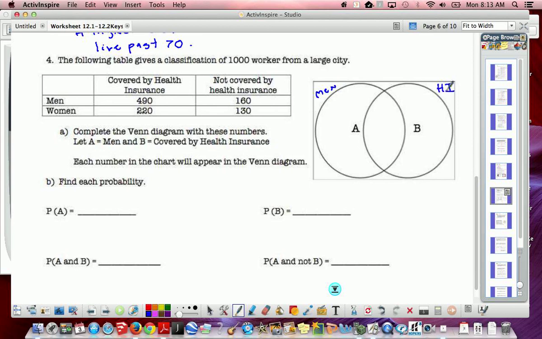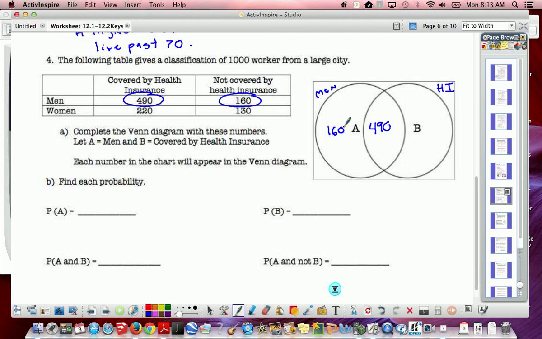So here we start with men who have health insurance. So that's the intersection. They have to be men, they have to have health insurance, so 490 goes in the middle. So men that do not have health insurance, so we're talking still the men, but they don't have health insurance, that would go outside.